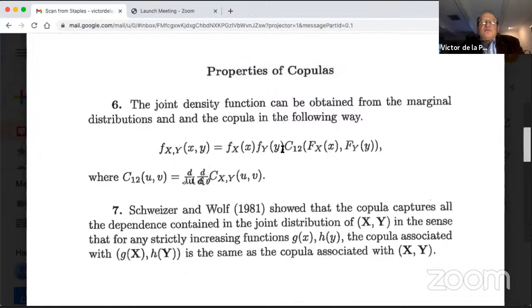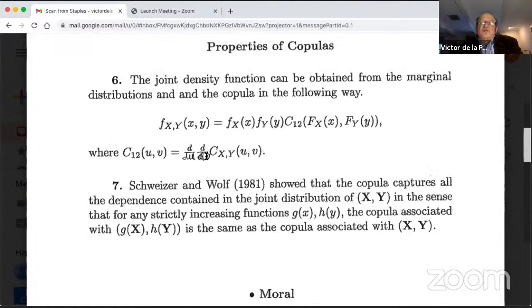If you know measure theory, you would see that the copula density evaluated at these values is nothing else but the Radon-Nikodym derivative of the joint density divided by the product of the marginals. So there's a connection with measure theory, and this identity can be used to produce decoupling inequalities.